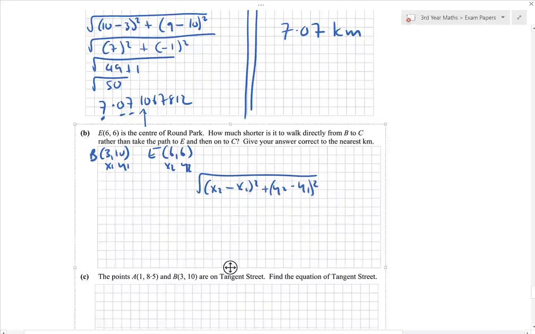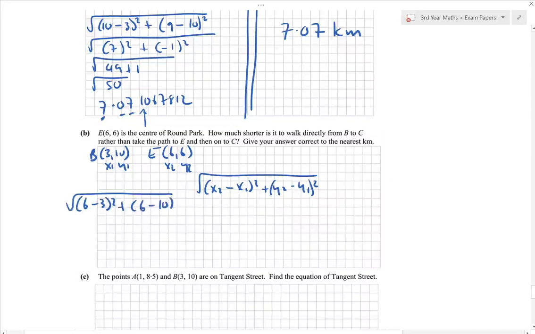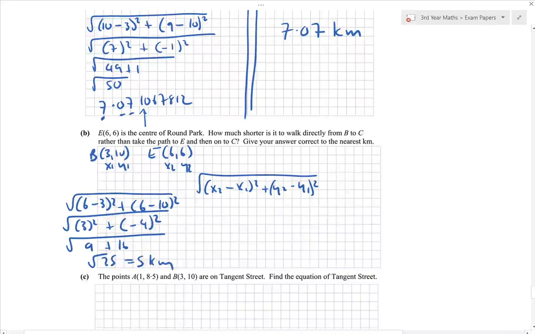Sub into your formula. So 6 minus 3 squared plus 6 minus 10 squared, square root 3 squared plus minus 4 squared. We know any negative number to an even power is always positive. So that's the square root of 25, which is 5 kilometers. So it's 5 kilometers from B to E.